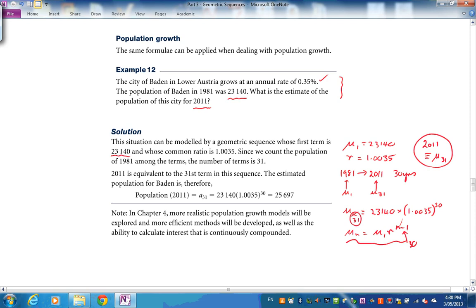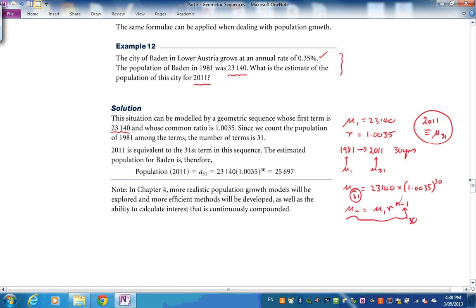Now, if you want to do it from an exponential function point of view, it may actually be easier, because the population at time t is the population at time naught multiplied by the growth factor. How many times do you apply it? You could put t there for the number of years. Doing it that way, we don't have this confusion with the 30th or the 31st term, because it would be 23140 times 1.0035.